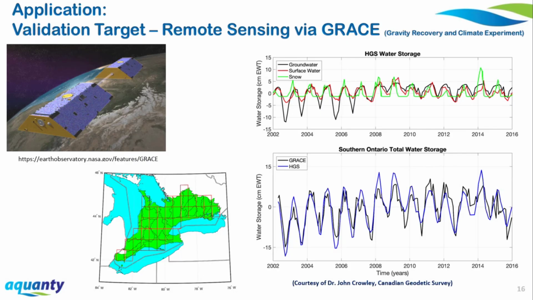What's unique about integrated hydrologic modeling is that it captures all components of the terrestrial water cycle. So it's got the surface water, groundwater, and snow components. This example shown on the right is from Southern Ontario here in Canada. The HGS simulated results are shown on the top plot, and then the direct comparison of HGS results to the GRACE satellite anomaly is shown on the bottom plot.